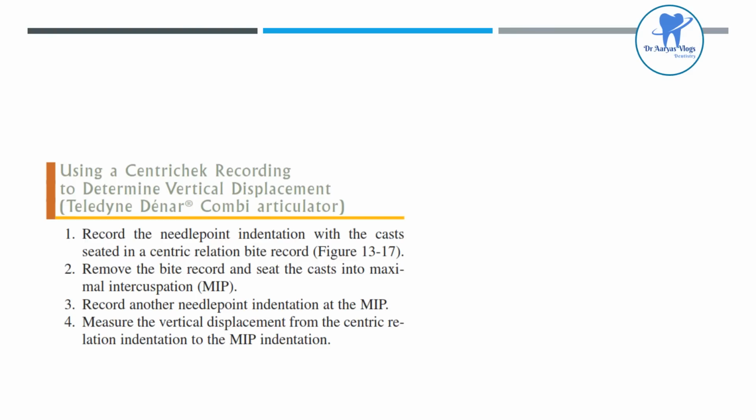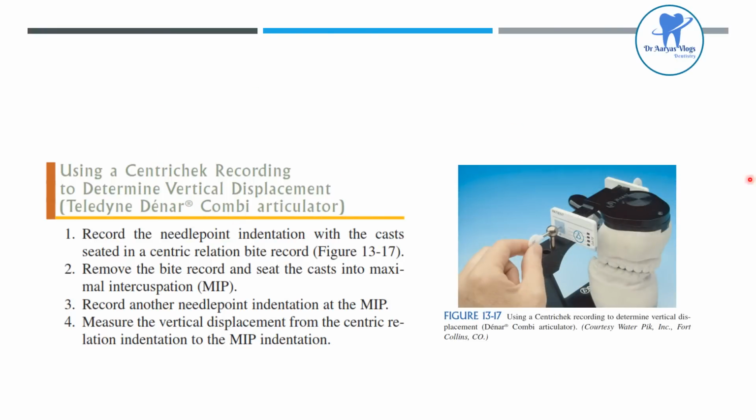How to determine the vertical displacement using a centric check recording on the Dina-Combe articulator? Record the needle point indentation with the cast seated in the centric relation bite record.